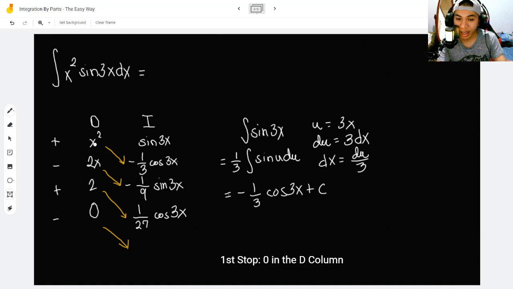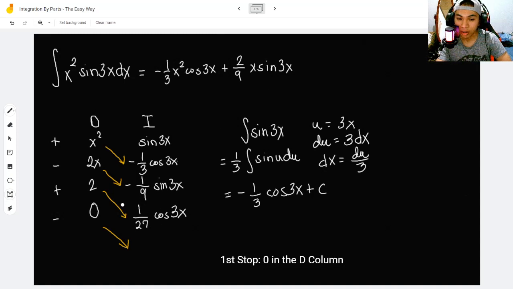So multiplying positive x squared times negative 1/3 cosine of 3x, we will have negative 1/3 x squared cosine of 3x. Okay, and multiplying negative 2x times negative 1/9 sine 3x will yield you positive 2/9 x sine 3x.